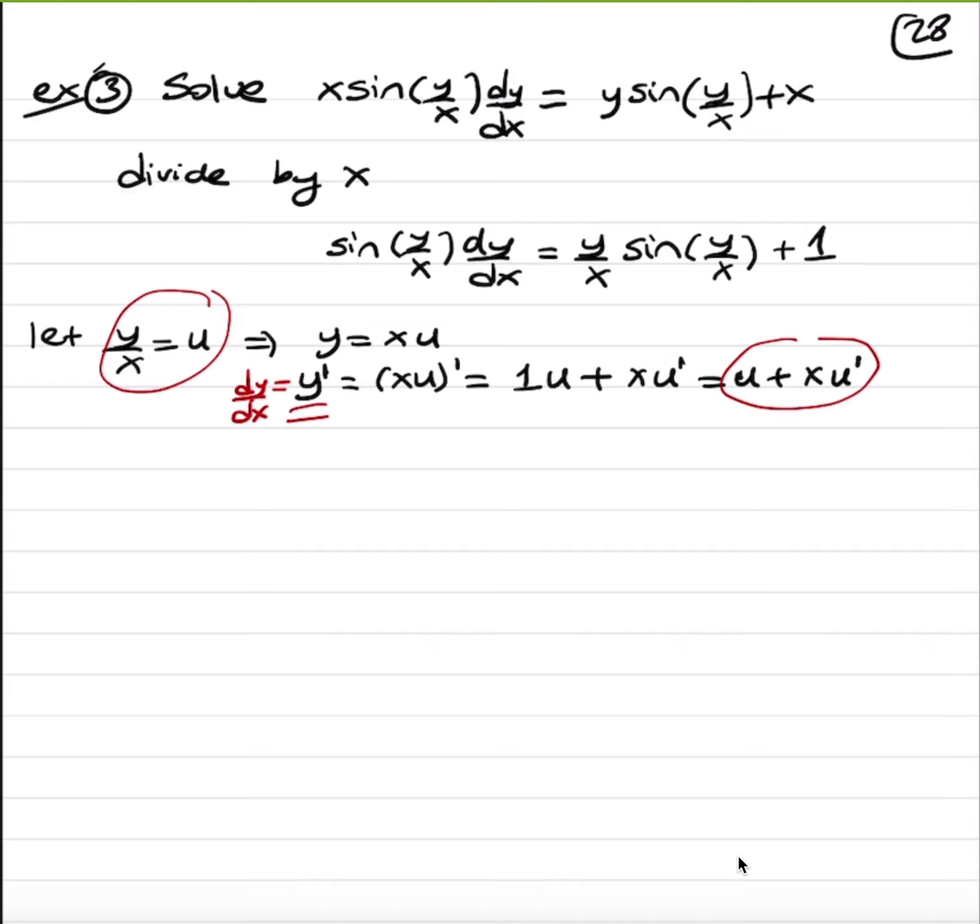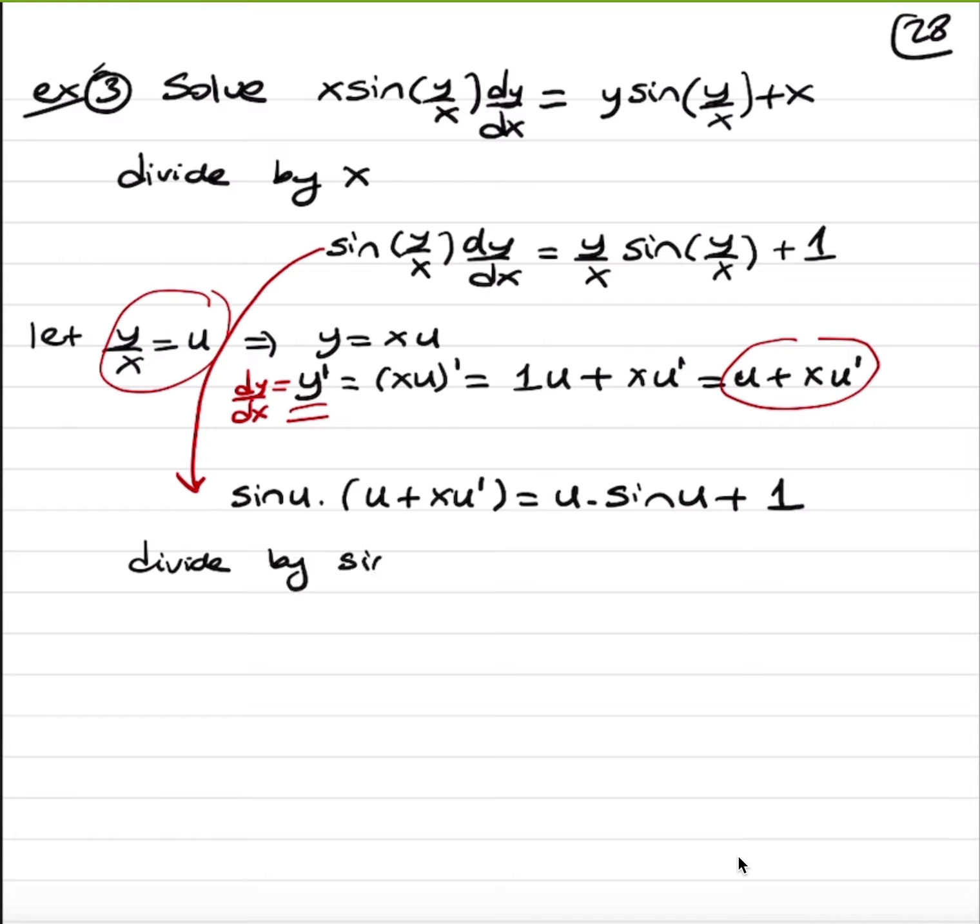Okay, let's do this in the equation. So we have sine u times dy dx, so we will put u plus x u prime, equals y over x, which is u, times sine u plus 1. To see that this is separable, also divide everywhere by sine u, both sides.